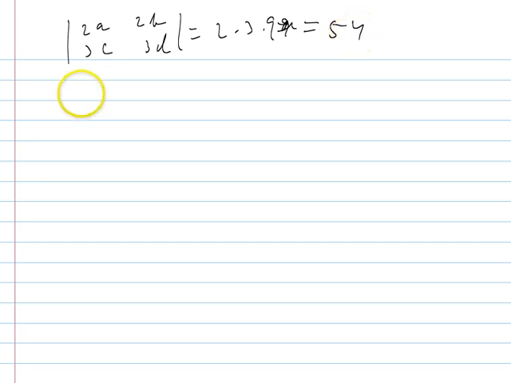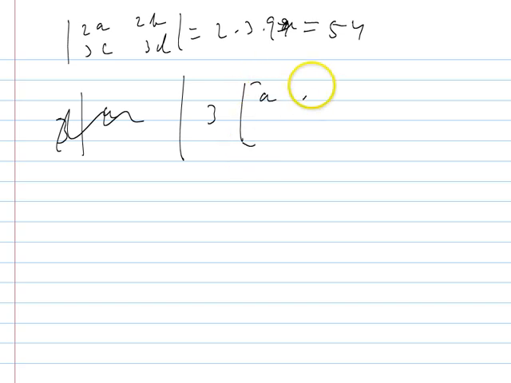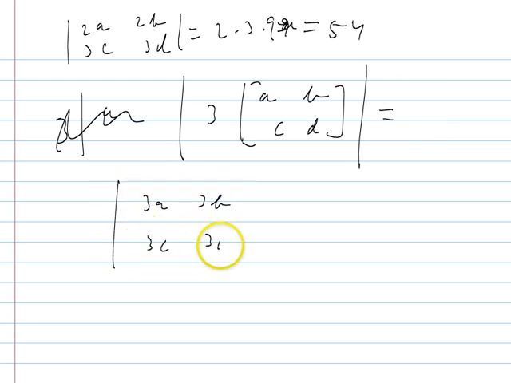And what confuses some people is when there's a number all the way out here: the determinant of 3 times the matrix A, B, C, D. That's like saying the determinant of 3A, 3B, 3C, 3D, which is not going to be 3 times 9, but 3 squared times 9, which is 81, because each row got multiplied by 3, and that's something that confuses some people.